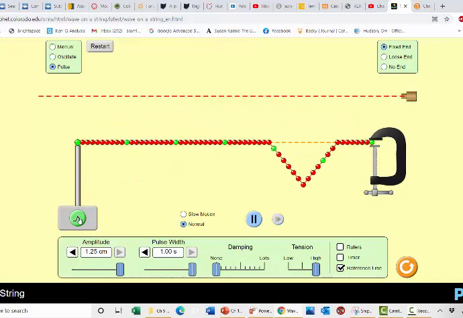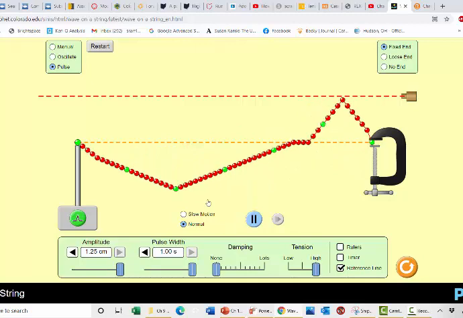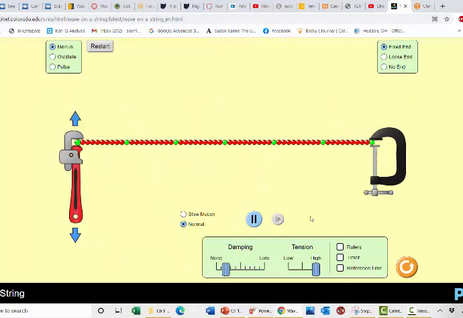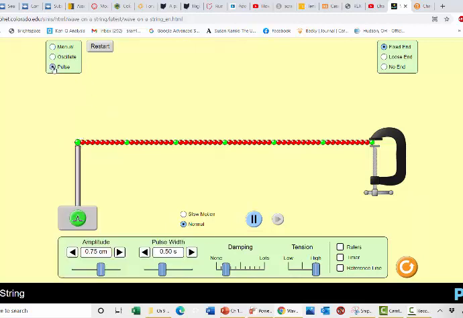Oh, now I got crazy stuff going on. I forgot that I need to restart. So I'm going to do a pulse, and I'm going to make this longer.